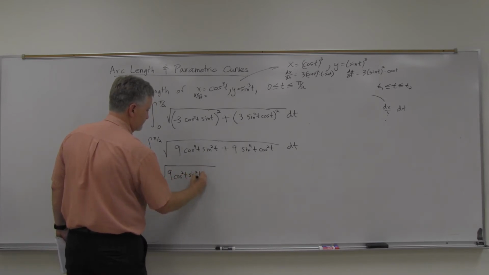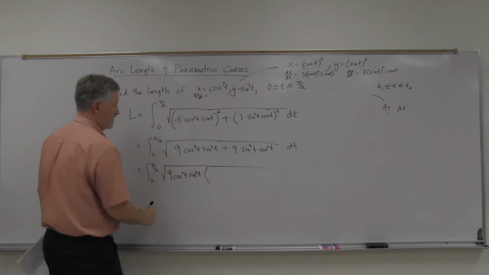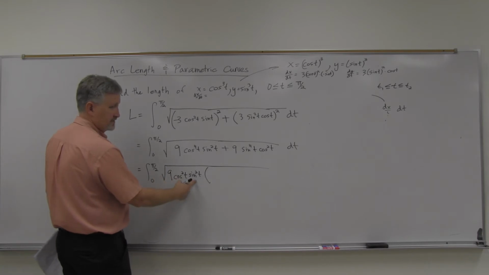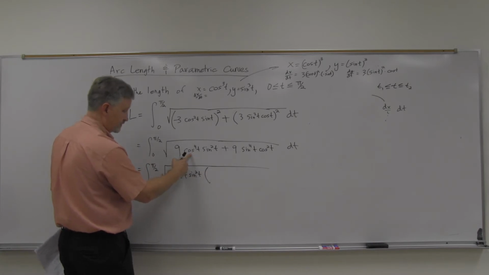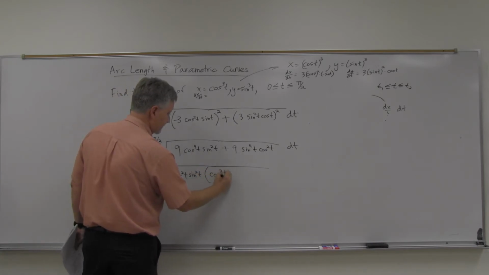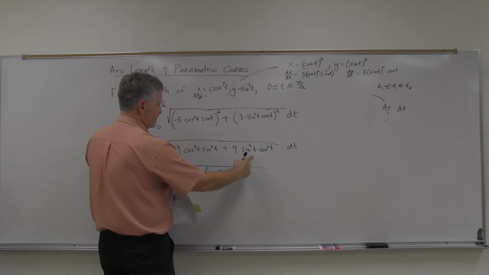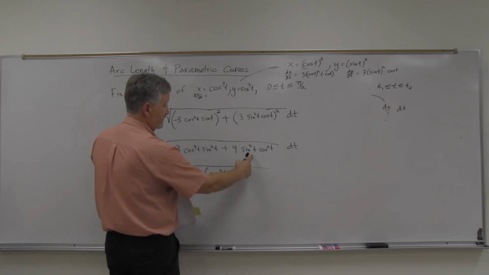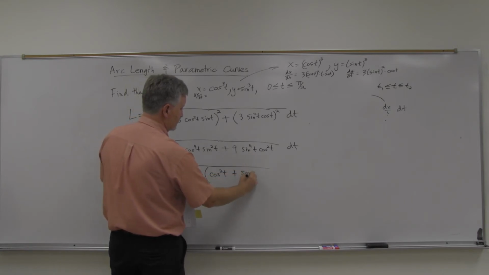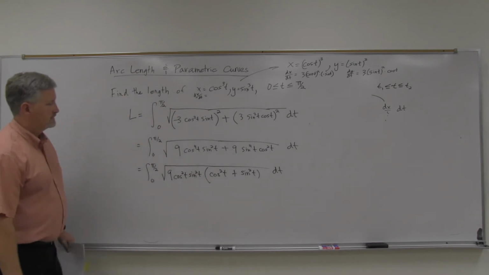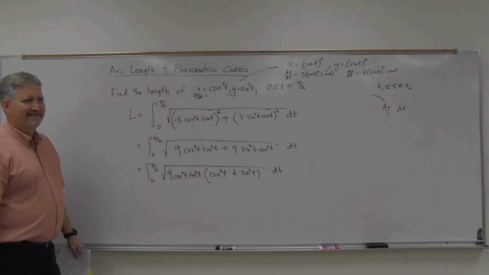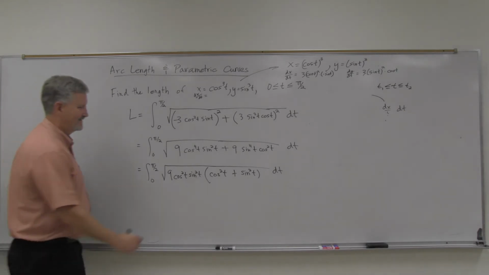So let's factor off a 9 cosine squared sine squared. If I factor off 9 cosine squared sine squared from the first, what's left? Cosine squared. And if I factor it off the second, what's left? Sine squared. But what's cosine squared plus sine squared?